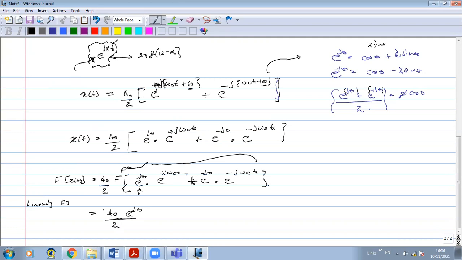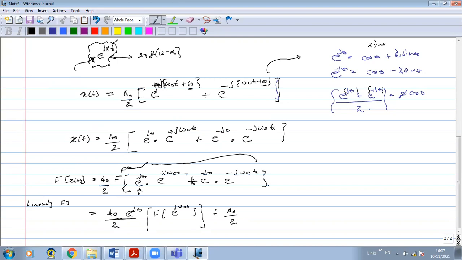So I have the term A naught e to the power j theta by 2, and here I have the Fourier transform of e to the power j omega naught t. This is one part. And here I use this one separately: A naught by 2 is common for both terms, and this one is the Fourier transform of e to the power minus j theta e to the power minus j omega naught t.